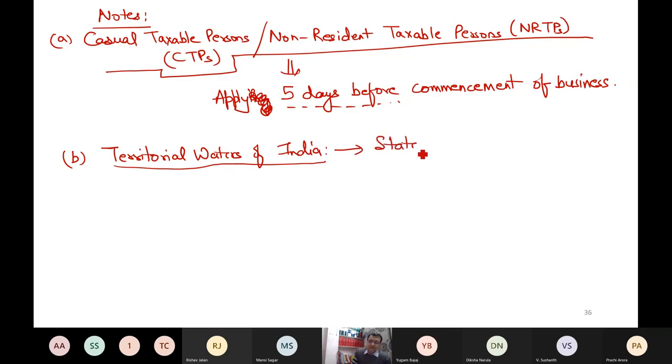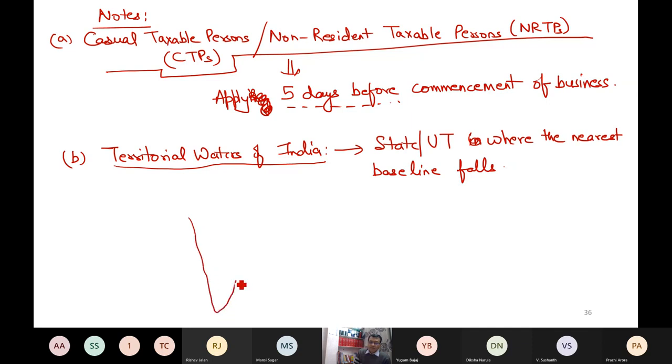Register in that state or UT in which, or where, you can say, where the nearest baseline falls.